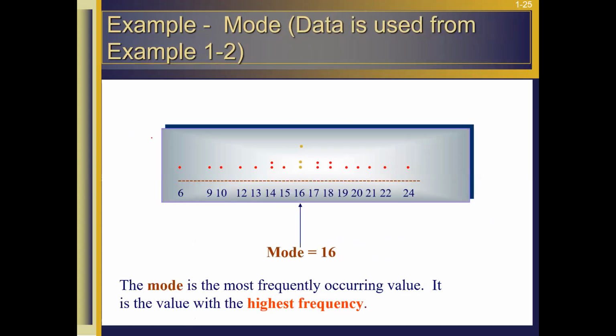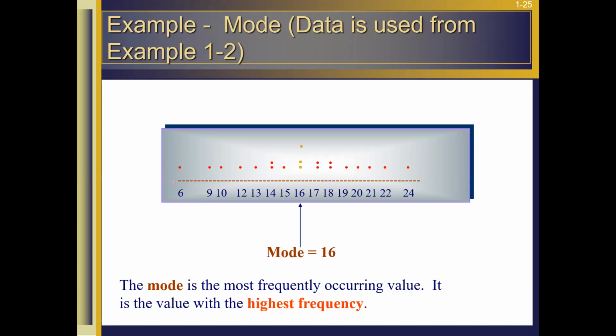Let's see the next one. This is actually a dot plot. Through this dot plot, you can understand all the values are here. The sorted values start from 6, 9, 10, 12, 13, 14, 15, 16, 17, 18, 19, 20, 21, 22, 24.